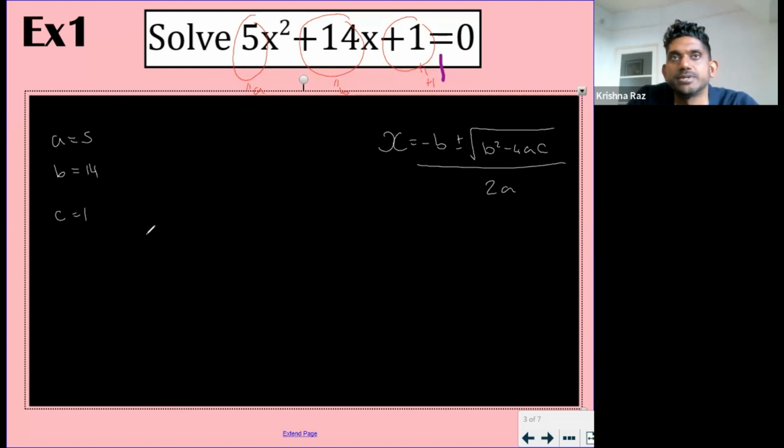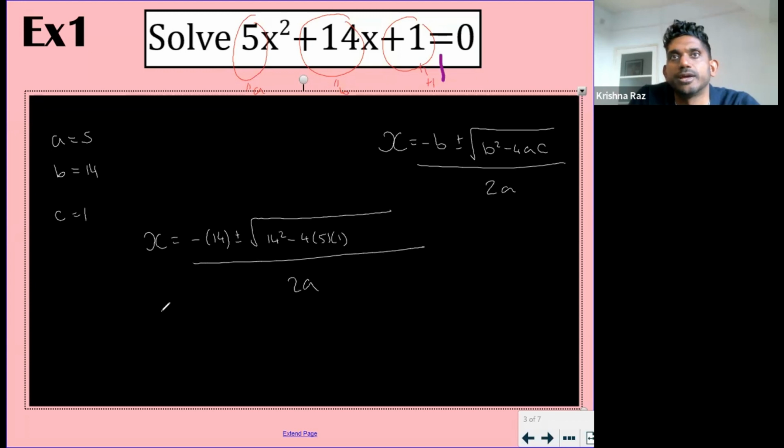So what I need to type into the calculator is x equals minus 14 plus or minus the square root of 14 squared minus 4 times 5 times 1 all over 2a. Oh sorry, 2 times a, where a is 5.